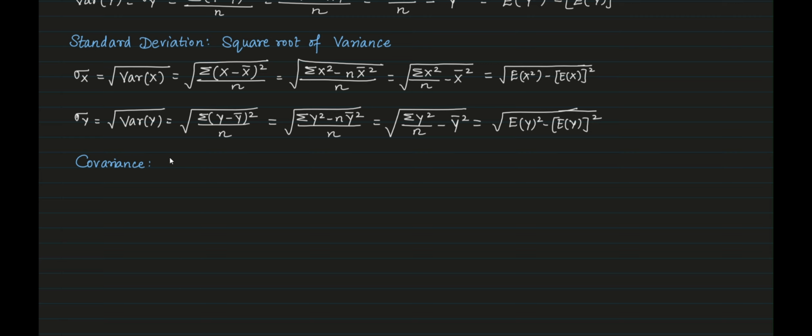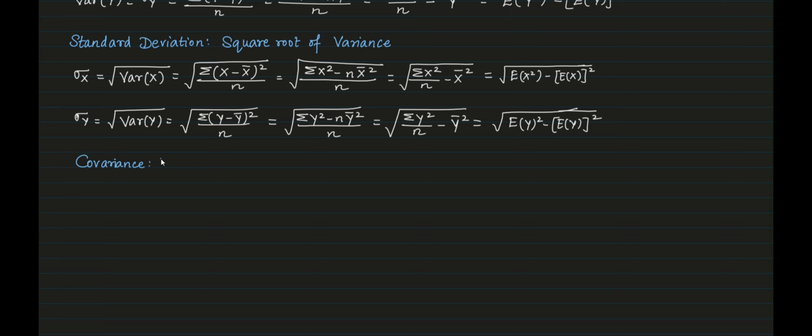Mean, variance, standard deviation, all these speak about the observations in only one variable. Whereas covariance tries to know the association between two variables in a data set.